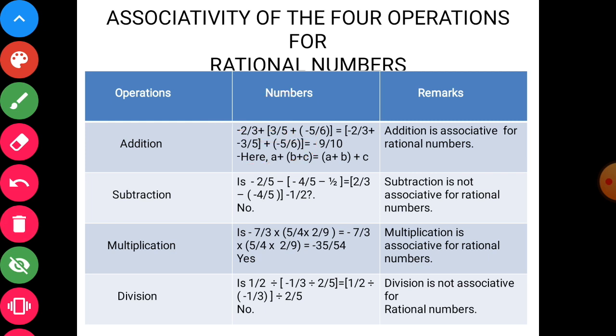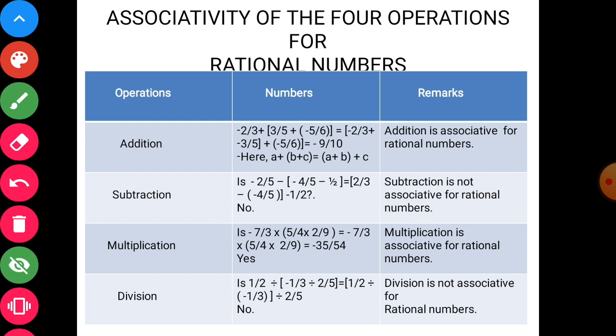So here once again (a plus b) plus c is equal to a plus (b plus c) we get. So addition is associative for rational numbers, your remark. For subtraction we do not get LHS equal to RHS. So subtraction is not associative for rational numbers.